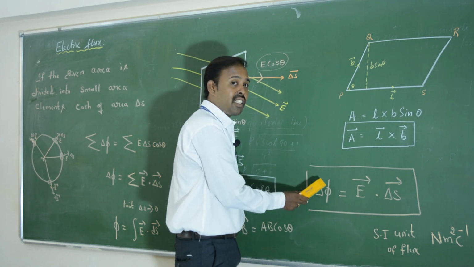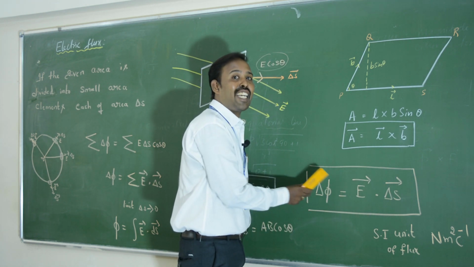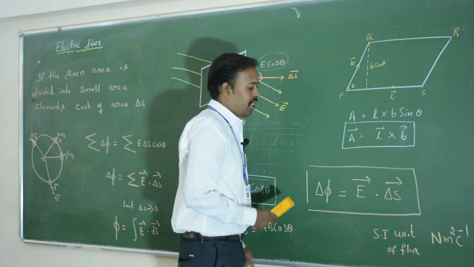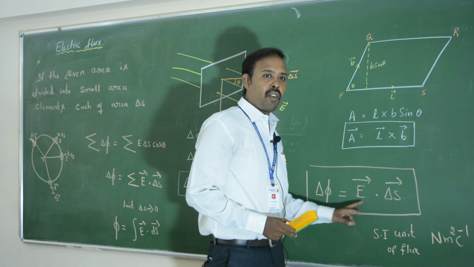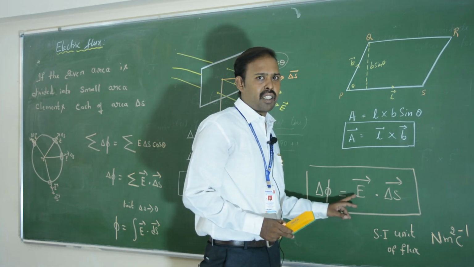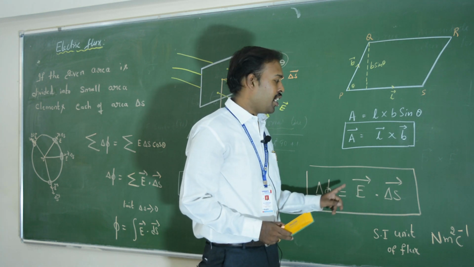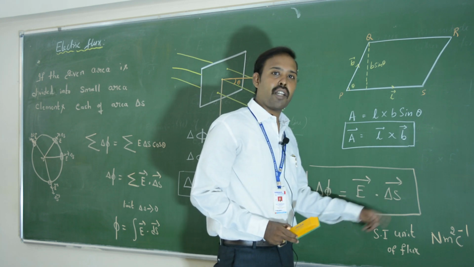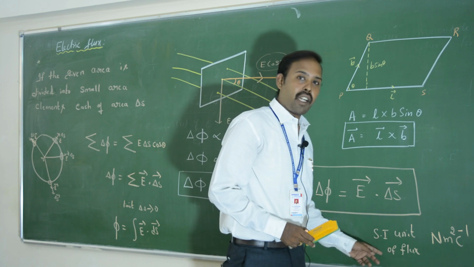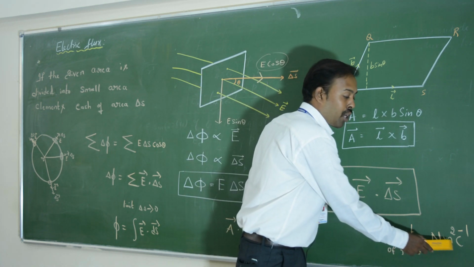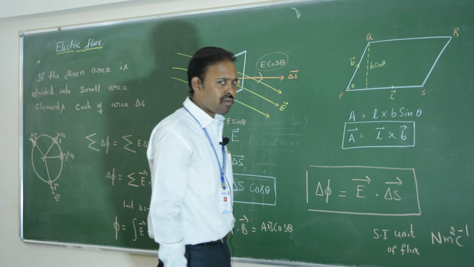Electric flux is a scalar quantity, right? So what is the SI unit of the flux? We know the electric field intensity. What is the SI unit for that? It is Newton per coulomb. And what is the SI unit for area? It is meter square. So the SI unit for electric flux will be Newton meter square per coulomb, right?